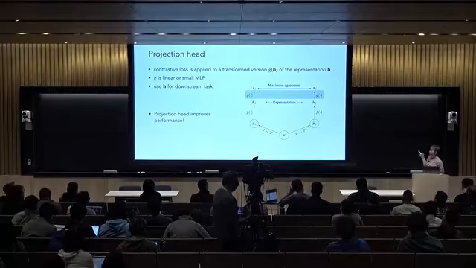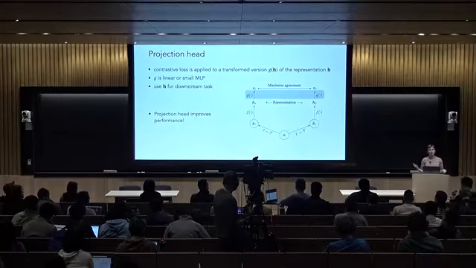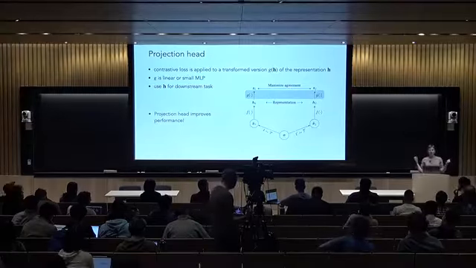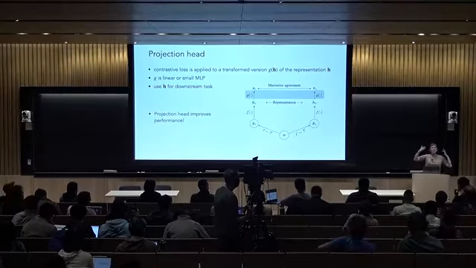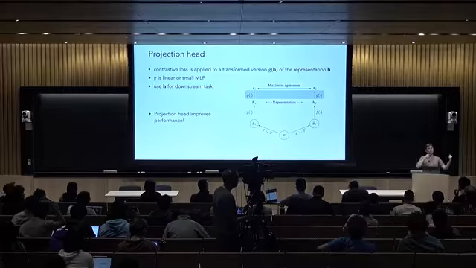And this projection head improves performance. I think one of the ways that people have intuitively tried to explain it is that it lets the model learn a representation that keeps a little bit more variance.